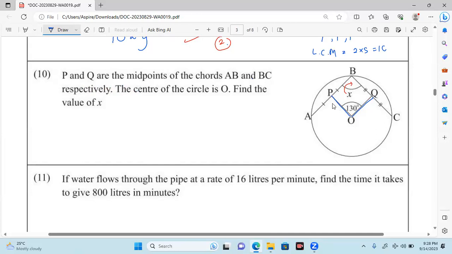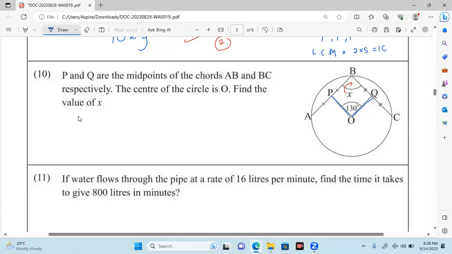Then what is the theorem that you can remember related to this example? Can't you remember any relationship? The relationship between a chord and the straight line drawn from the center to the midpoint of the chord.